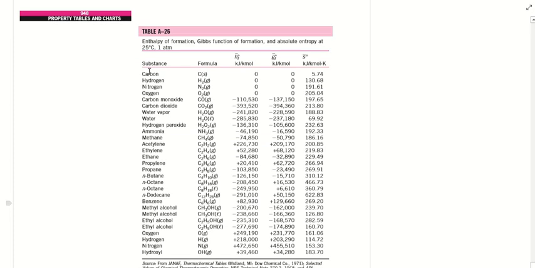Okay, this one. For carbon, hydrogen, nitrogen, oxygen, the enthalpy of formation is 0. But substances like methane and carbon dioxide have their own values.